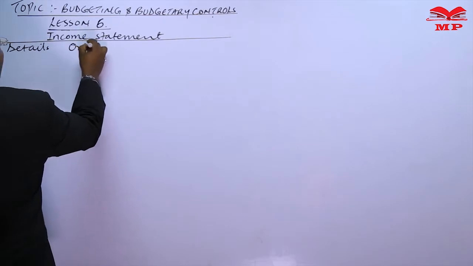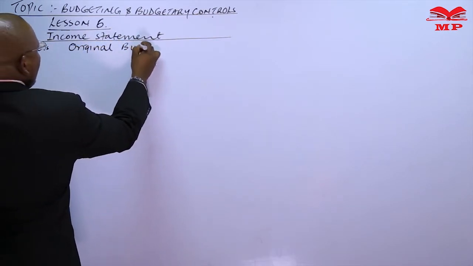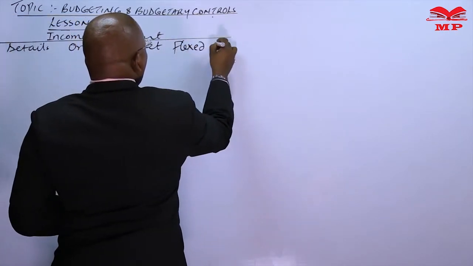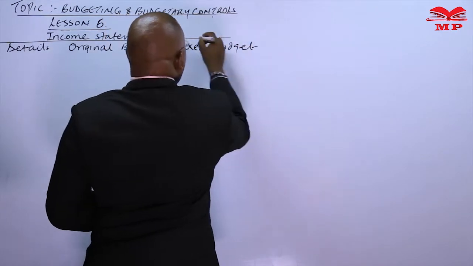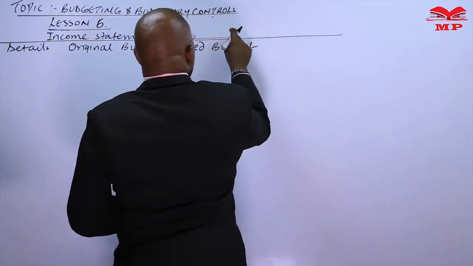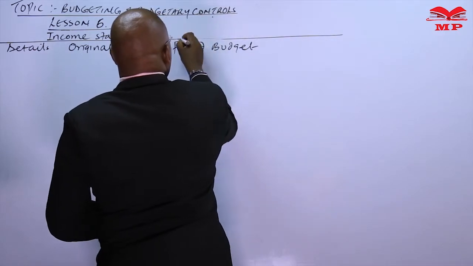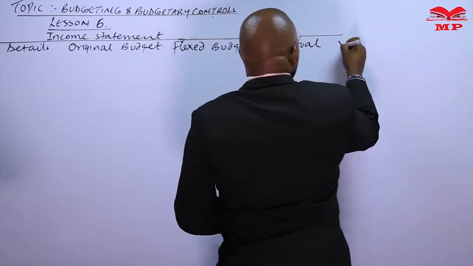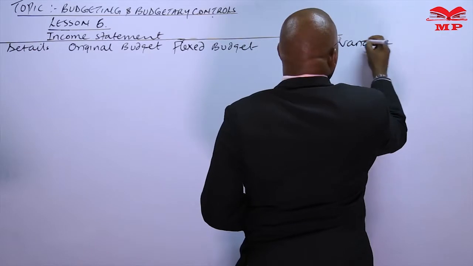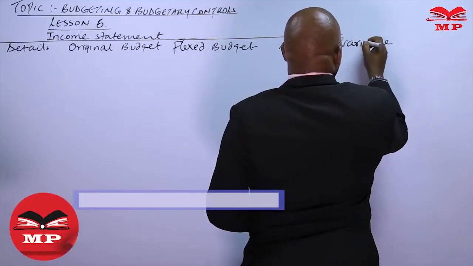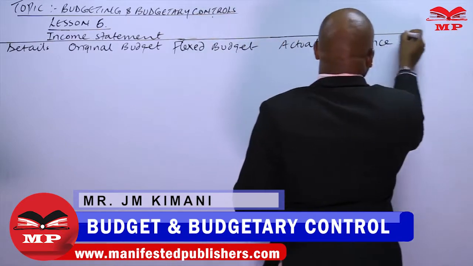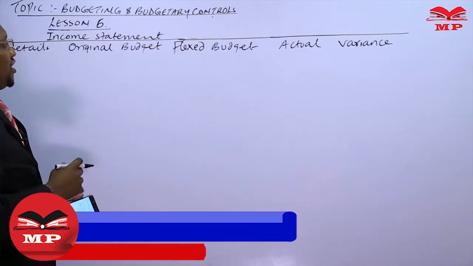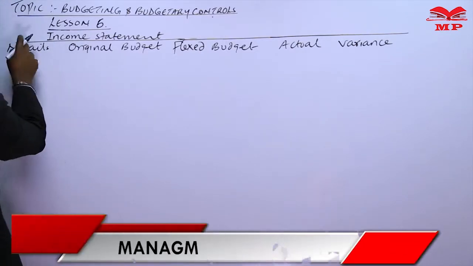We are having the original budget, the flexed budget, and also the actual. We also include the variance for comparison purposes. I would want to do the variance here just for comparison. Otherwise, variance analysis we shall do in the next topic, which is standard costing. But for now, I just want to have a comparison.